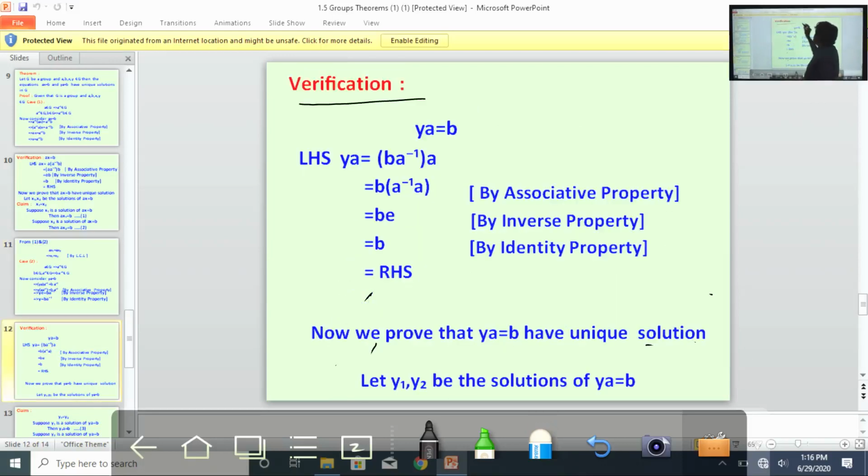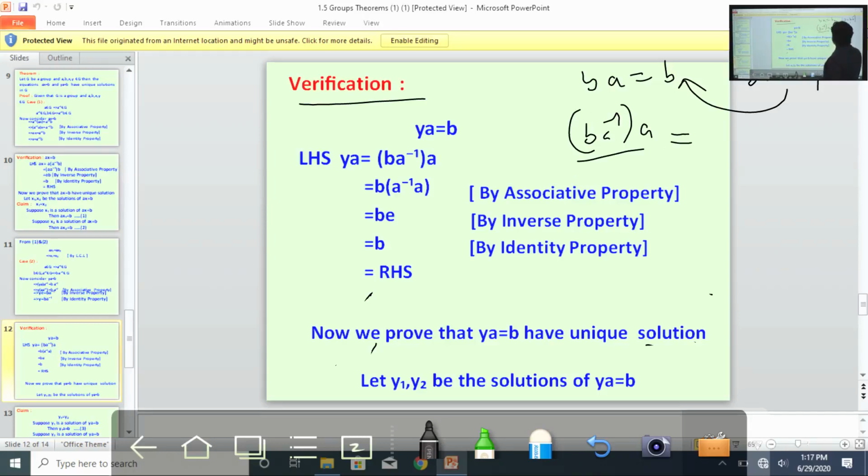Now a small verification. Ya = b. What is the solution? y = b a inverse. Replace in this equation. Therefore, what is the y value? b a inverse into a.